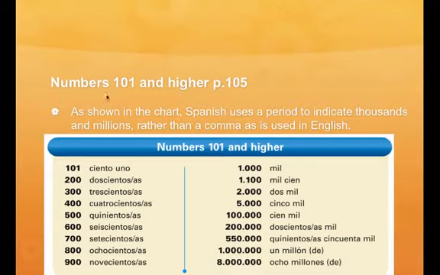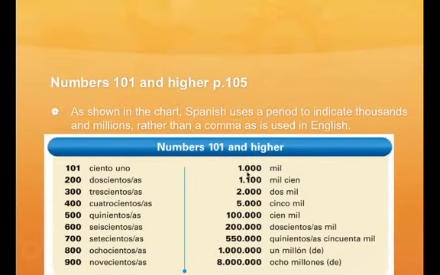So looking at numbers 101 and higher, we see this on page 105 of our textbook for Mosaicos. As shown in the chart, Spanish uses a period to indicate thousands and millions, rather than a comma as used in English. So don't let yourself be confused by this. We're not talking about decimals when we're looking at this right side.